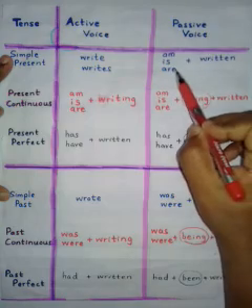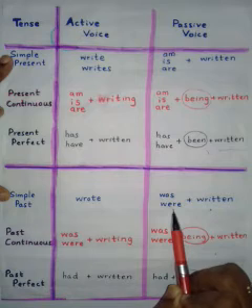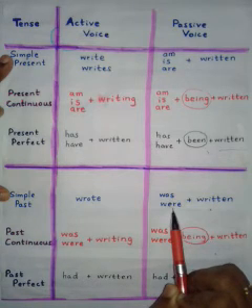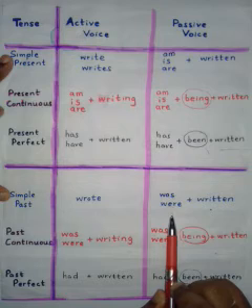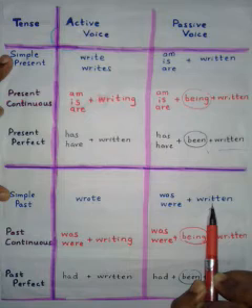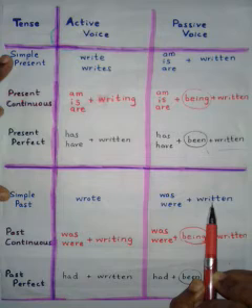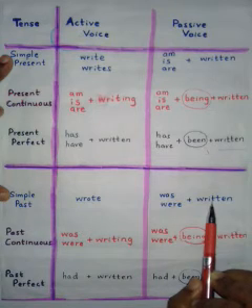These are the present tense and the past tense of the be verb. And we must write or use the past participle of the main verb.